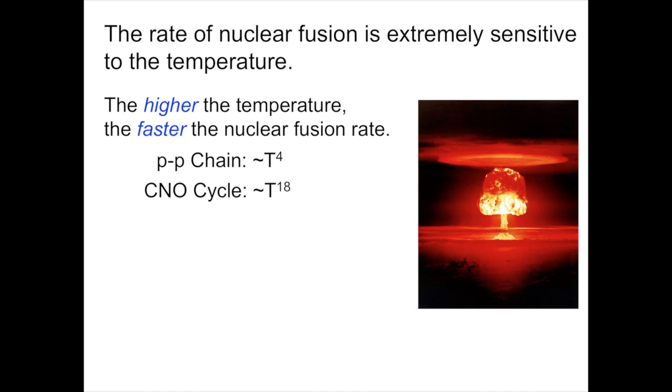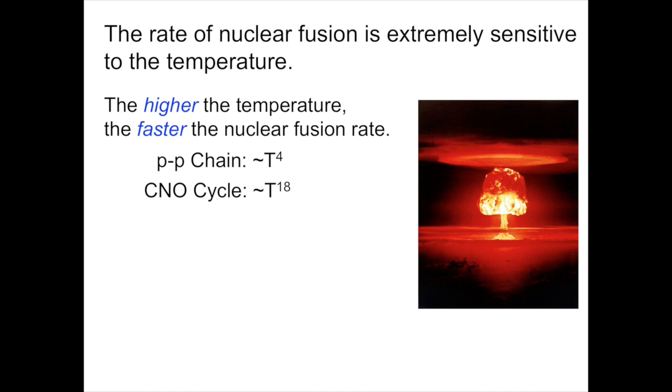The CNO cycle, on the other hand, is profoundly temperature sensitive. The CNO cycle fusion rate depends on temperature to the 18th power. If I double somehow the temperature in a core, the CNO cycle would run more than 262,000 times faster.